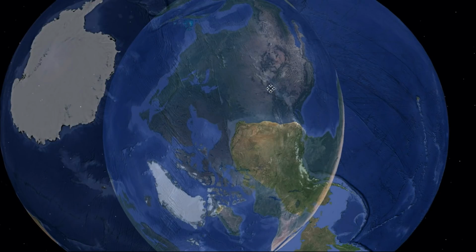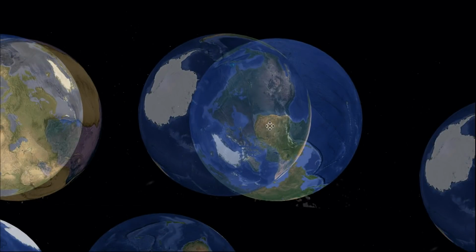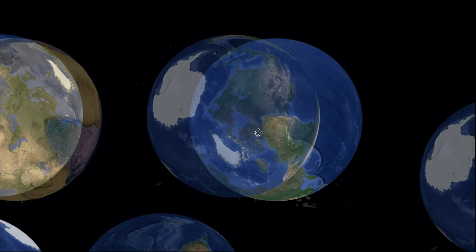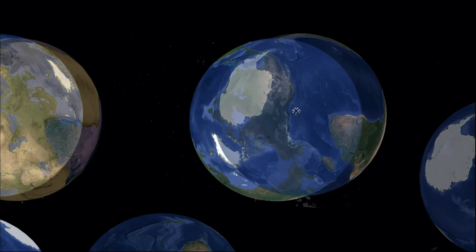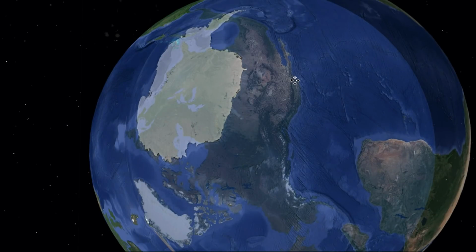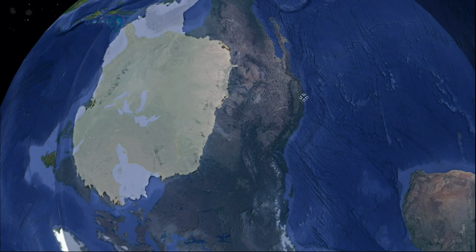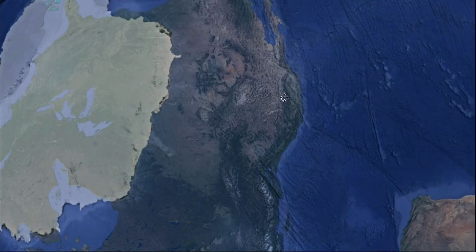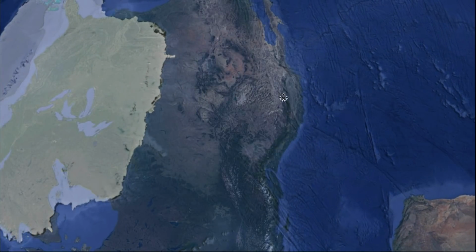It'll be easier to see this when I show you the other overlay of a more centered image. You can see that this is related to the basin of California.